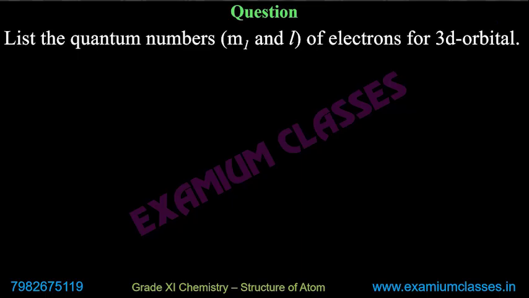Next, list the quantum numbers ml and l for the electrons of the 3D orbital. Read the question again. List the quantum numbers ml and l for electrons of the 3D orbital.